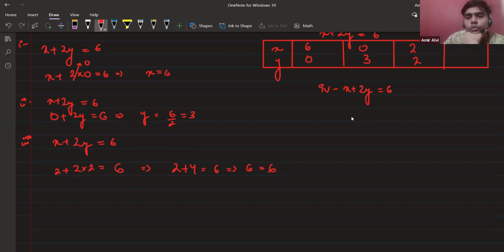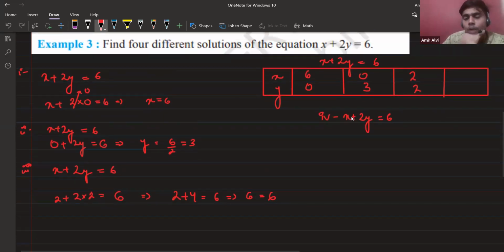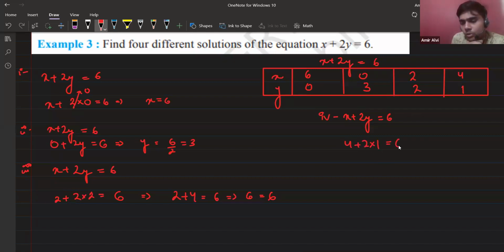Now try to think what we can do. We can put x equals 4, y equals 1. This will also equal 6. 4 plus 2 into 1 equals 6. Yes or no? 4 plus 2 is equal to 6, so 6 equals 6. Is it true or false?